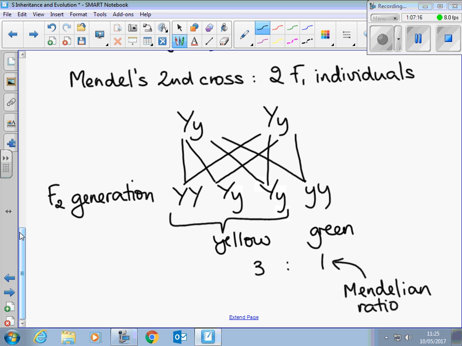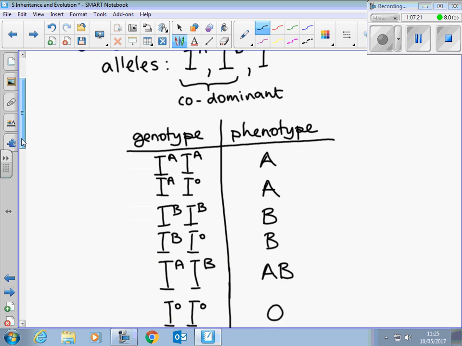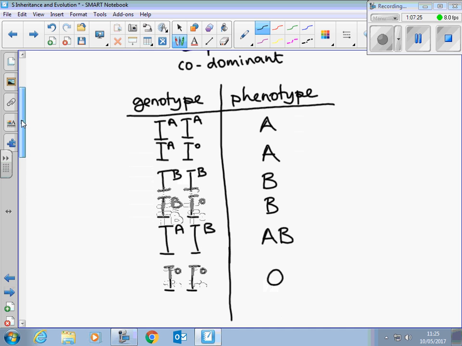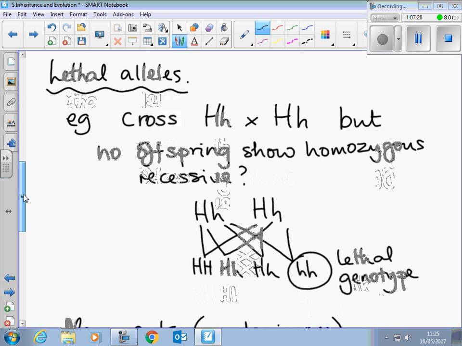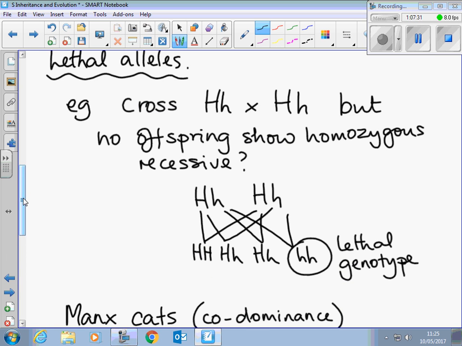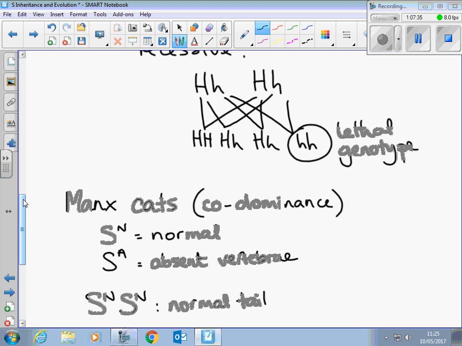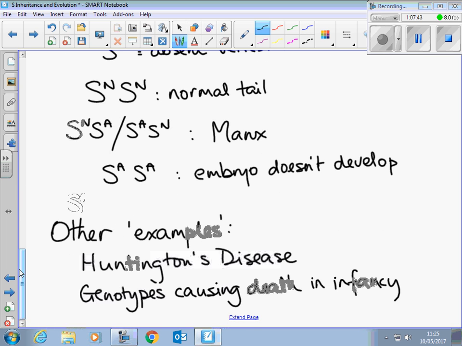Of course, confusion sets in when you start looking at multiple alleles. And yes, it leads to all sorts of questions, that one. And then we have this possibility of lethal alleles where you actually lose individuals either before birth, so they never actually appear in the statistics at all, or they're lost in infancy where they don't make it to reproduce.